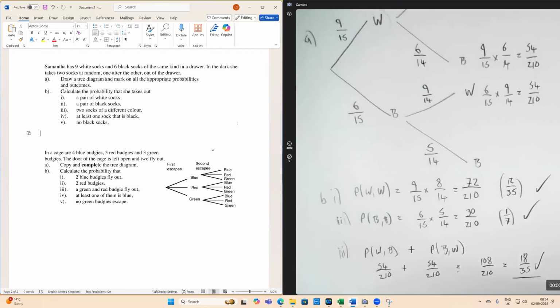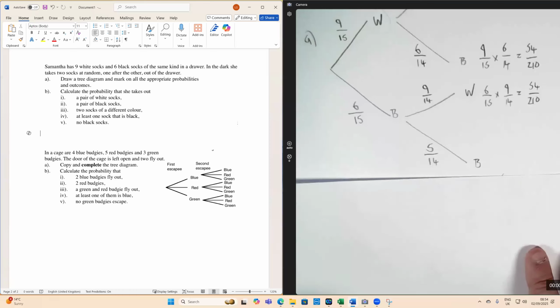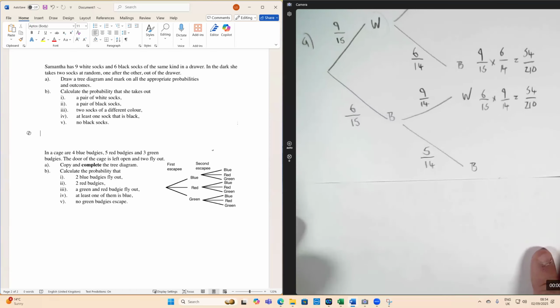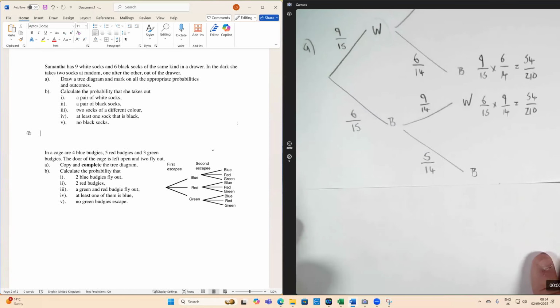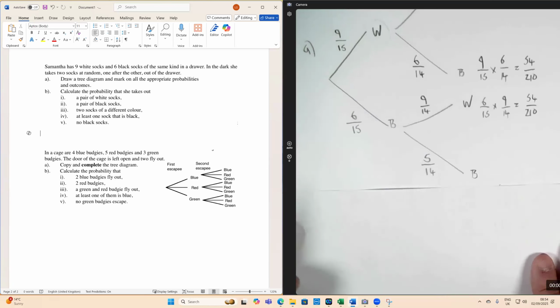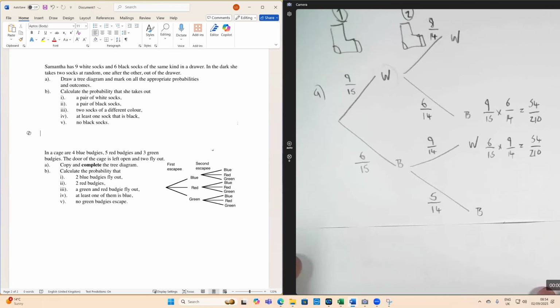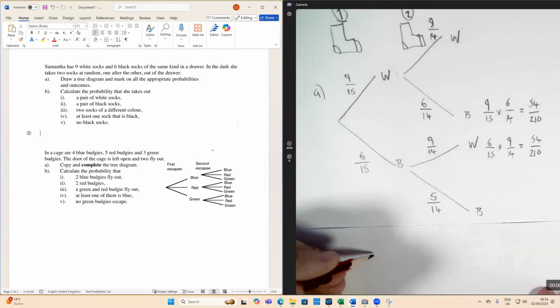Finally, no black socks. The probability that there are no black socks at all. Well, that is just going to be the probability of white, white, which we already worked out actually.